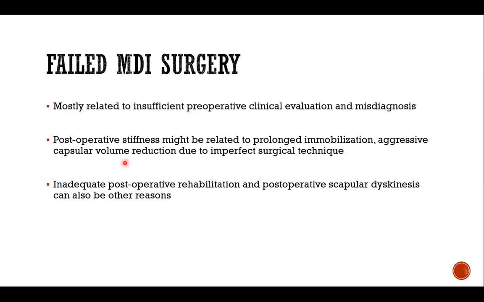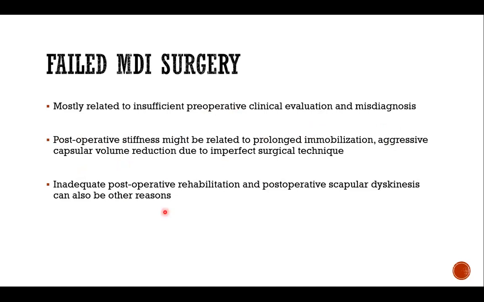In failed MDI surgery, the main indicators are persistence of glenohumeral instability, pain, and stiffness. It is again investigated to rule out any chondral defects or implant causing this pain and stiffness. Postoperative stiffness might be related to prolonged immobilization or aggressive capsular volume reduction due to imperfect surgical technique, hence a decision has to be made during the capsular plication on how much we are going to reduce the volume.